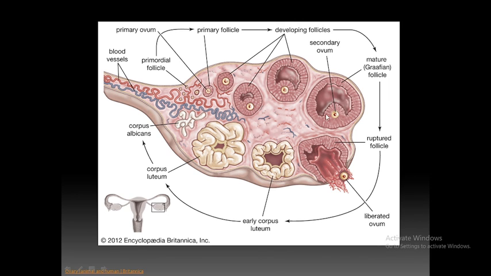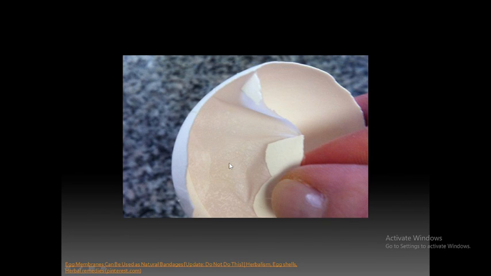And during maturation, when it ruptures, this is called the ovulation process, and the ruptured egg is released, and it passes towards the fundus region for the fertilization process. So this is the egg of a hen, and this is the outermost shell membrane, and this is the shell membrane.